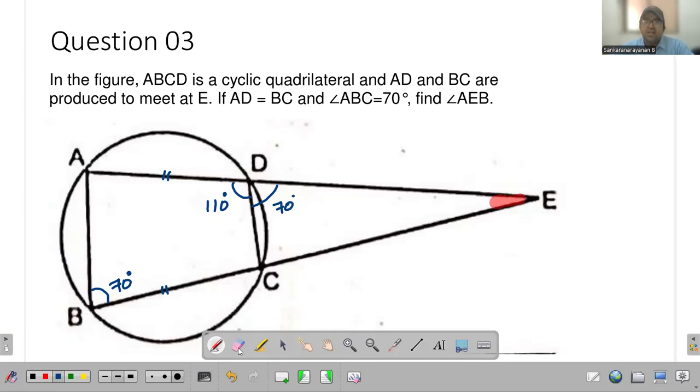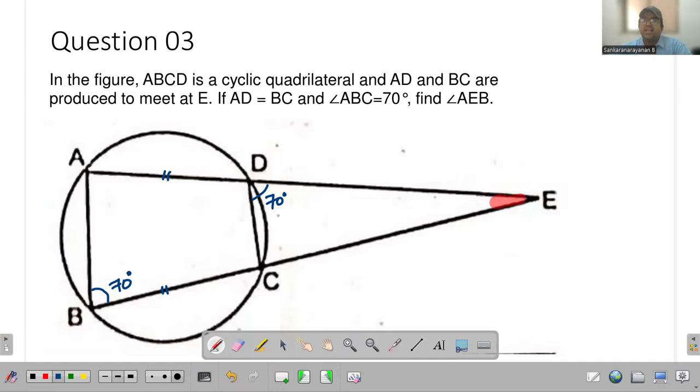You got it? Now, one thing you have to observe is that since AD and BC are equal, as given in the question, considering the similarity aspect, this is 70 degrees, and this also will be 70 degrees.